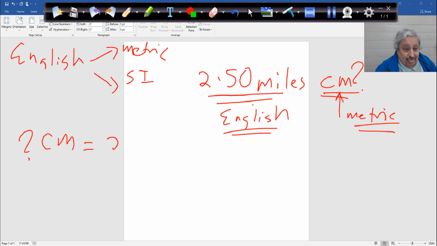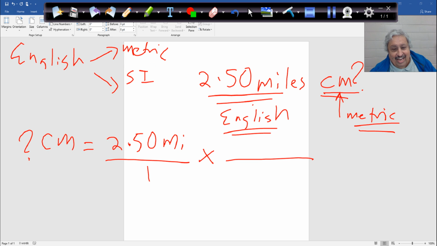So 2.50 miles over 1. Then I have to go through the basic unit, but we don't have a basic unit because we have a conversion between two measuring systems.